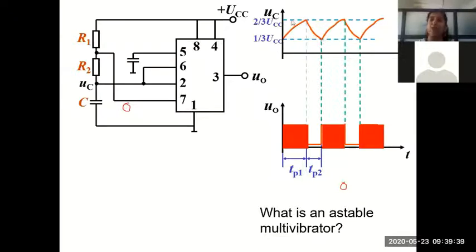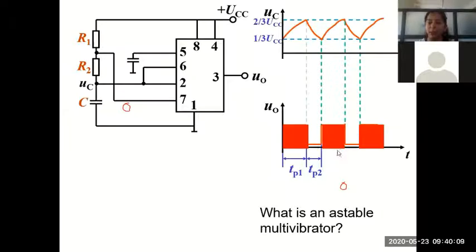We don't allow the capacitor voltages to change below 1/3 or above 2/3, because when it reaches these values, the circuit conditions will change so that output changes state and the capacitor goes in the opposite direction. If it was charging, it will begin to discharge. If it was discharging, it will begin to charge. So the capacitor is allowed to work only between these voltages, whereas output will vary between 0 to VCC.